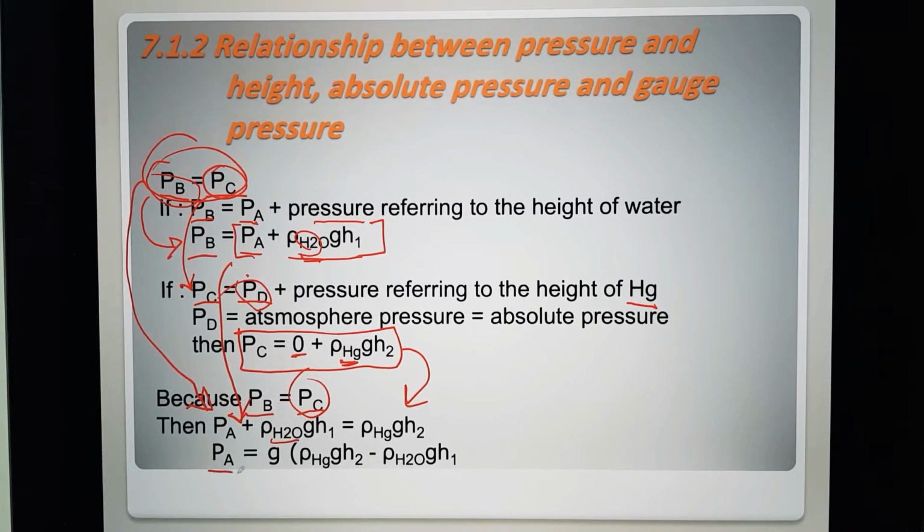Then when we want to calculate the pressure of area A, it becomes the gravitational acceleration times H rho g for Mercury minus H rho g of the height of the water.